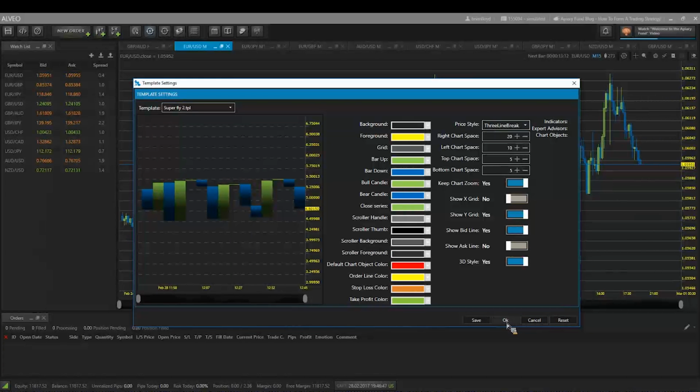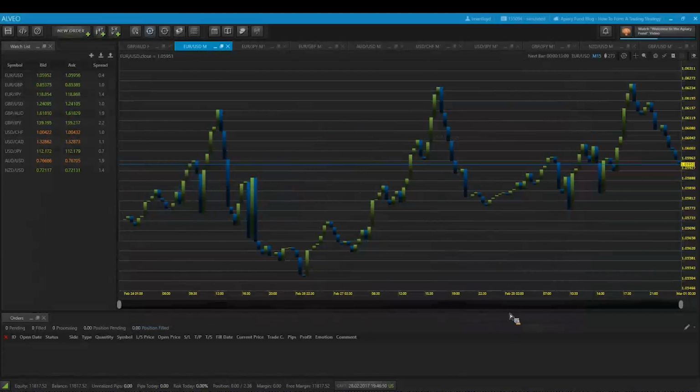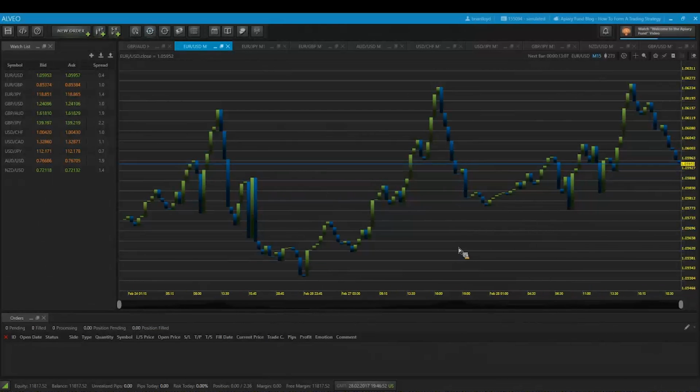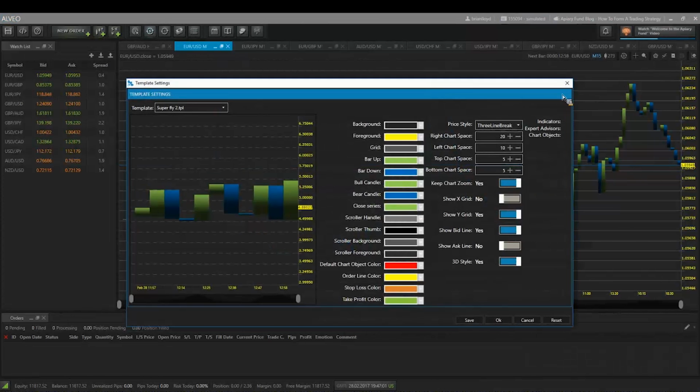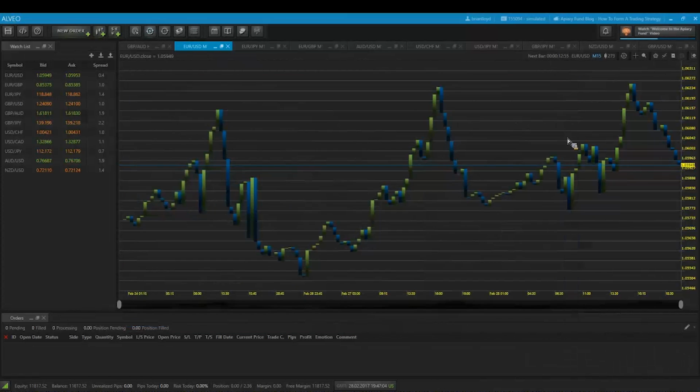We can click OK. This also looks like it's going to be somewhat similar to that volume candle as well. We're getting some different information there. So this is 3-bar, was it 3-bar break, 3-bar line break? Never used it before. Three-line break.